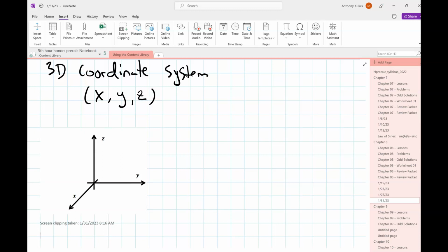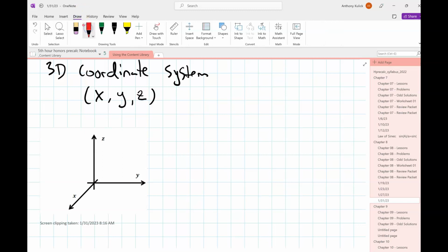Usually when we draw these things, we just draw the positive side. So this is the positive end of each of these axes, and that would be the negative end. We usually don't draw the negative end unless we have to, just for keeping everything a little bit cleaner. Is everybody okay with that? Keep in mind here, though, that whoever did this was pretty rude.